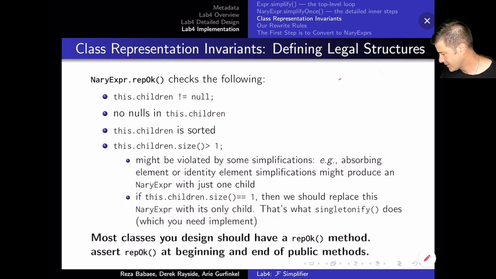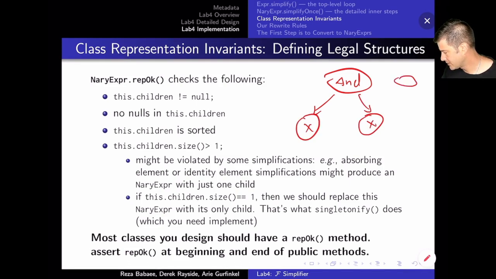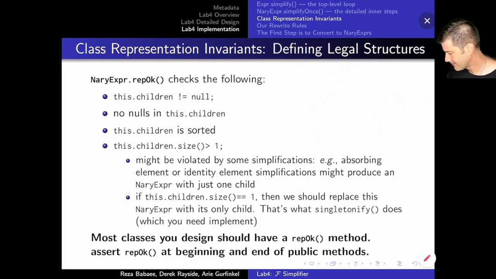So for example, let's say you have x and x. After you remove duplicates, you're going to have an AND of a single x. And then after you simplify, you just get a single x. Okay, so that's this.